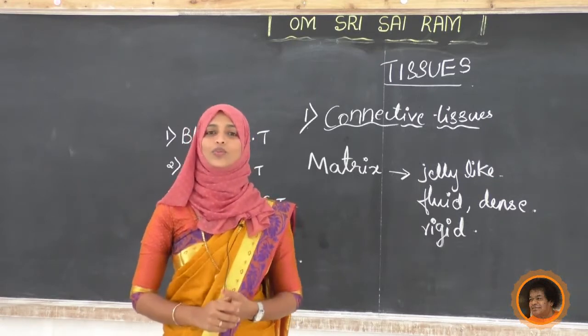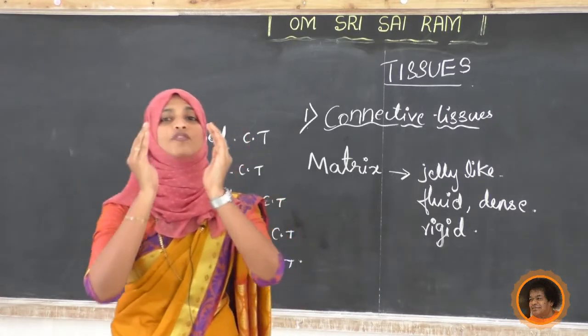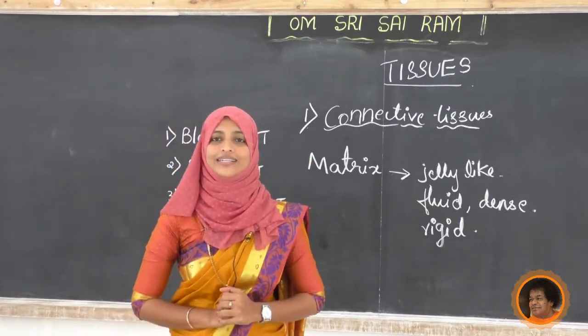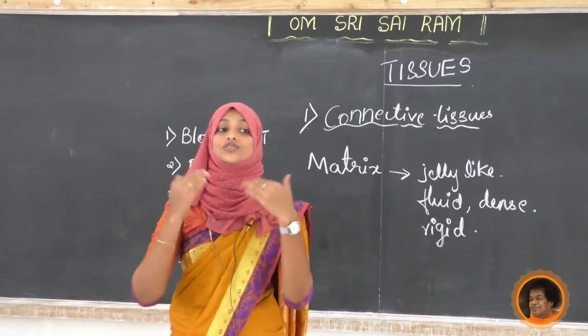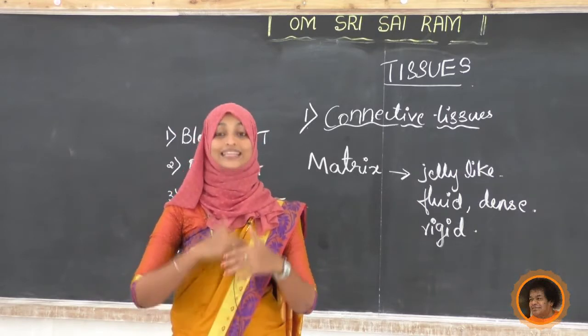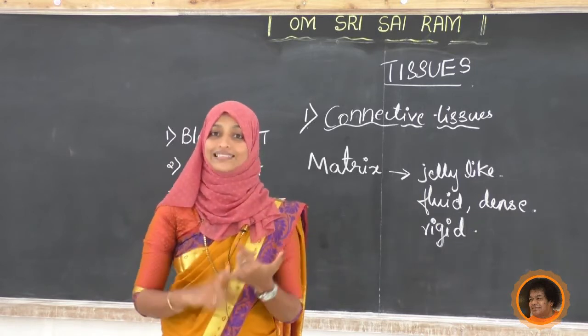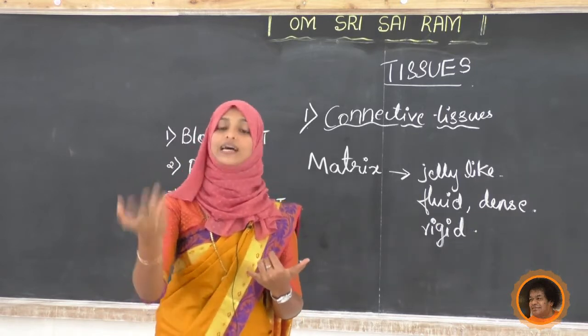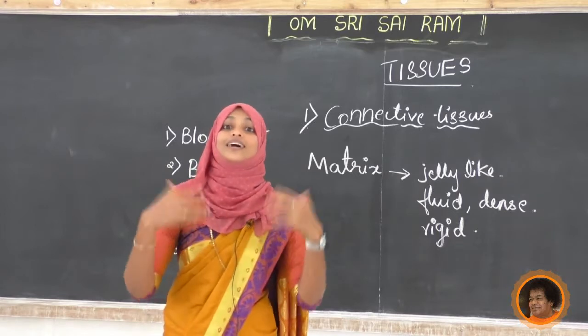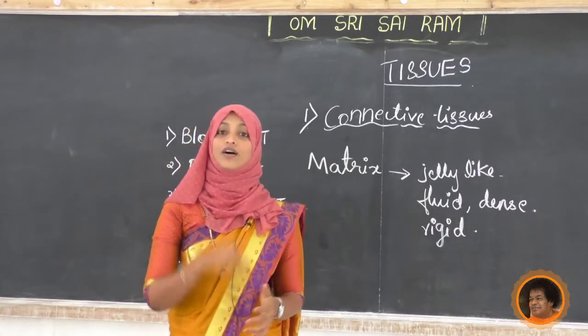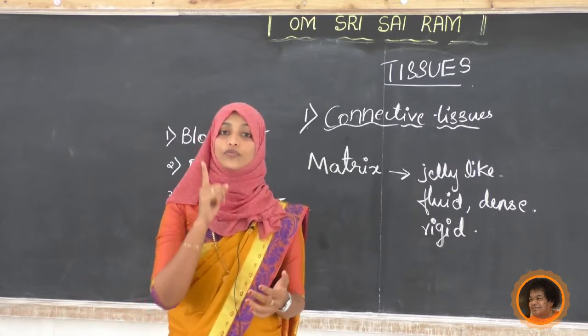Now tell me, student, what is the main function of blood? What is it doing in our body? Blood is transporting. It transports gases, carbon dioxide and oxygen. Digested food is also carried by blood, along with hormones and waste materials.